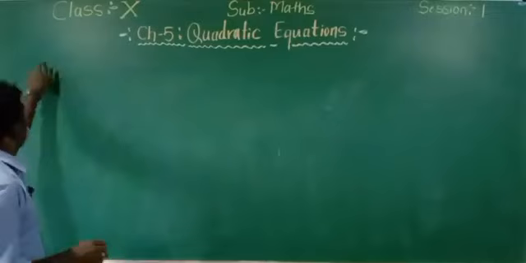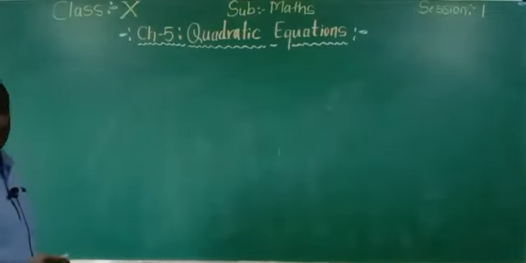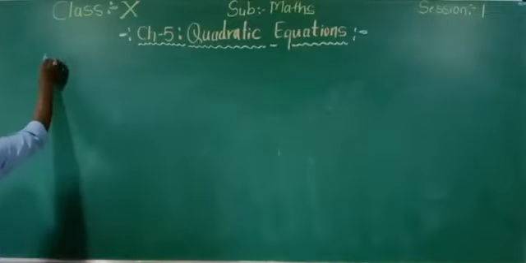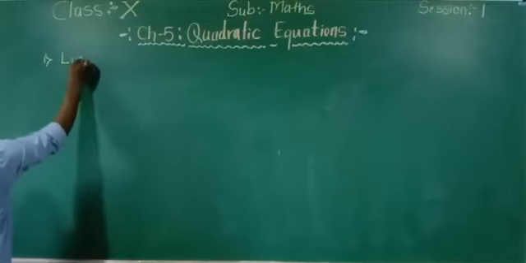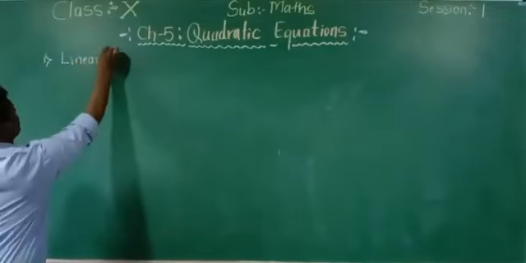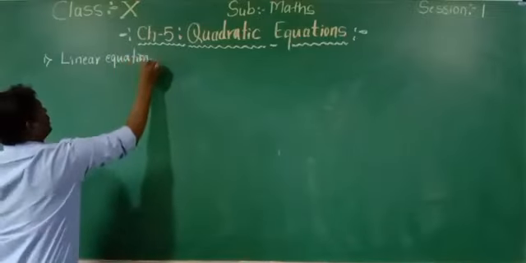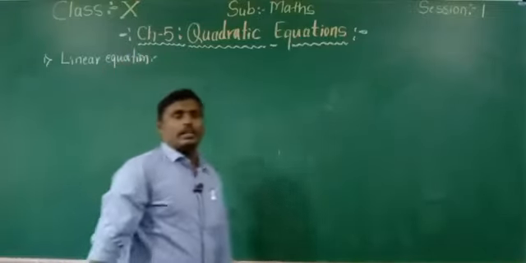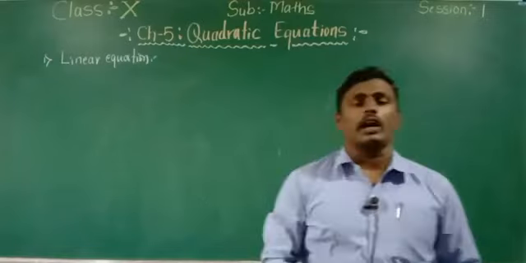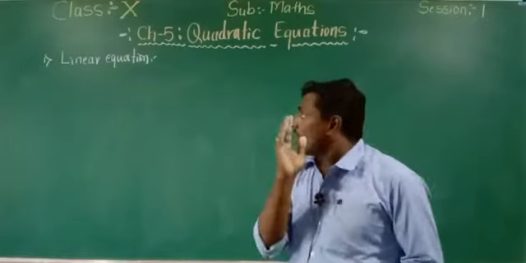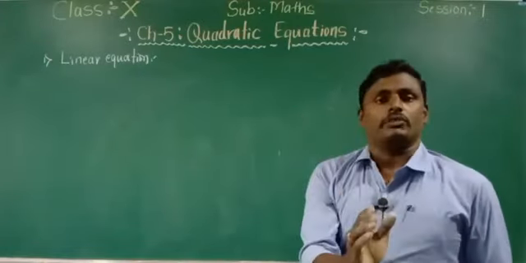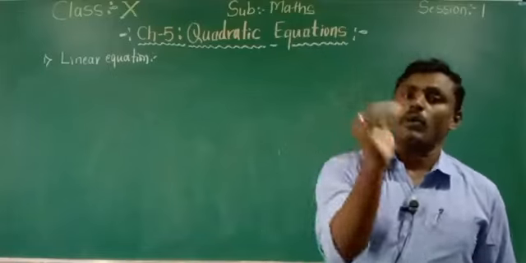Now move to the classification of the equation. The first one is the linear equation. So what do you mean by the linear equation? As you all know, we are always classifying the equations on the basis of the powers of the equation.